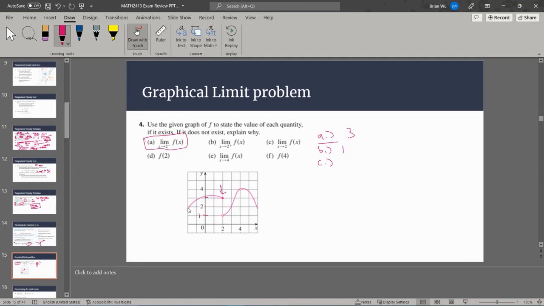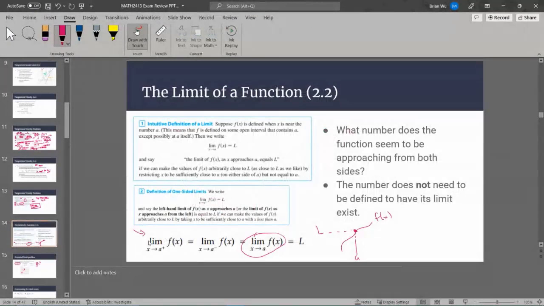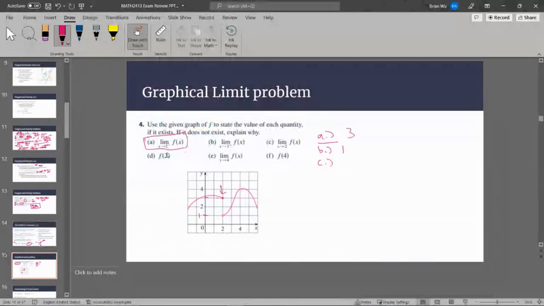For C, if you remember that equation from before, in order for the full limit to exist or equal to that number, the left side limit and the right side limit have to be the same. So A and B kind of show those two limits, but we see here that they are not the same.